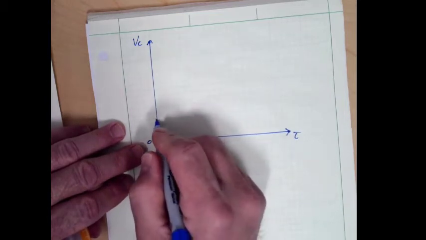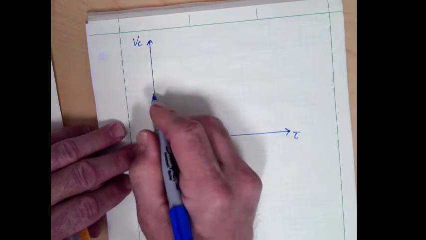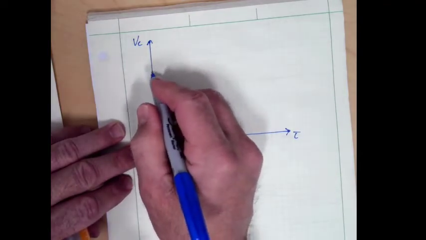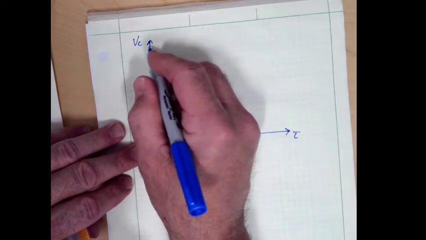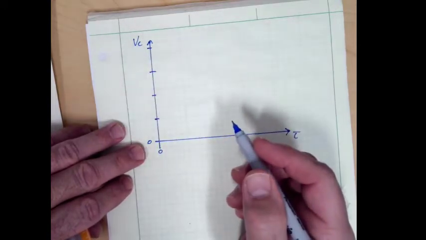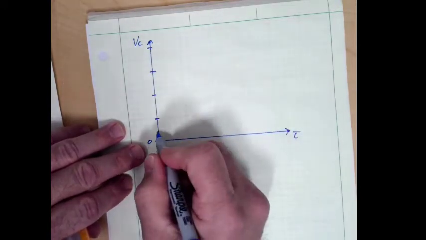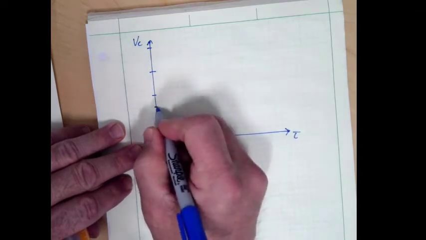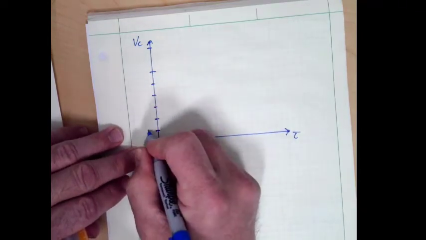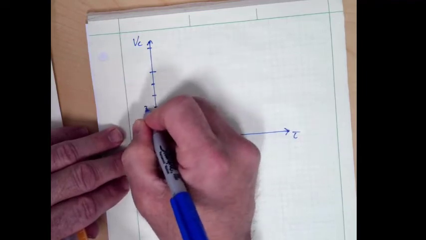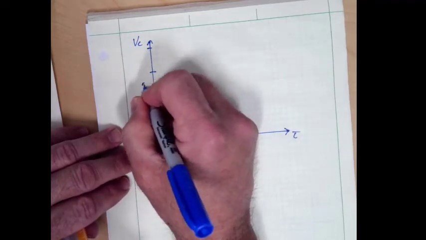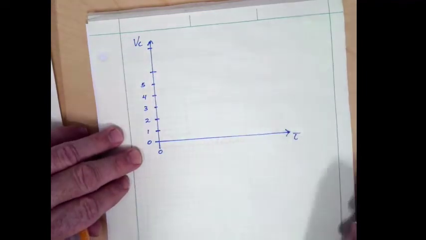I didn't do a very good job, so I'm going to have to do about 2 spaces per division. So this will be 1, 2, 3, 4, 5 volts.